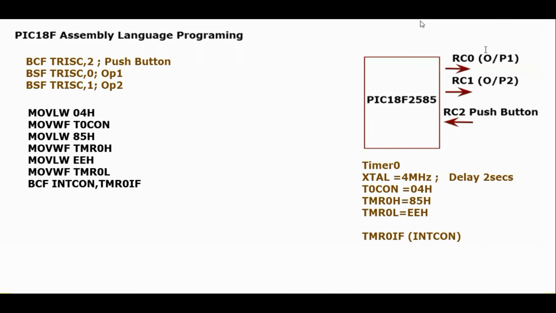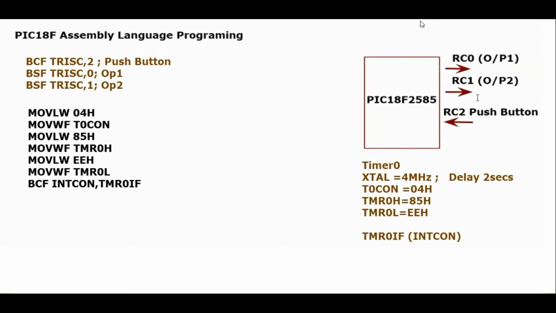Then we will go to output 1 and turn on the LED connected to RC0. Or if the push button was pressed for much less than 2 seconds, then we will go to output 2 and turn on the LED connected to RC1, right? So that means we have to take a decision here, and then we have to switch to either of the two outputs.